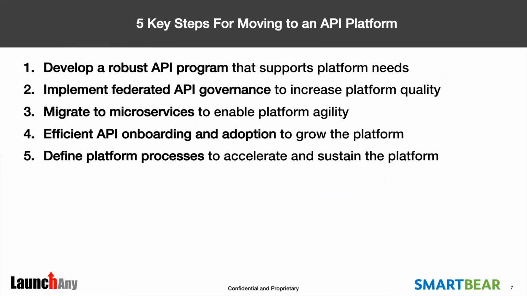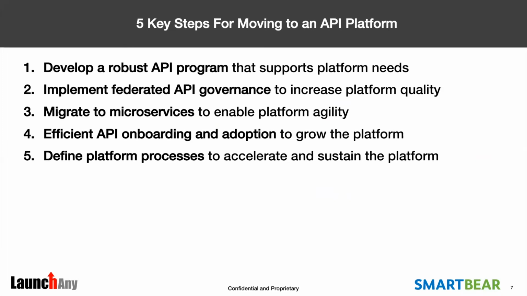Now, what we've identified and what we'll talk about today are 5 key steps that we're seeing enterprises taking to be able to move from an API program to an API platform. The first is to develop a robust API program that supports the platform needs that are necessary. Without a robust API program, everything else will fall short. The second is to implement a federated API governance program to make sure that the quality of the platform continues as it grows.